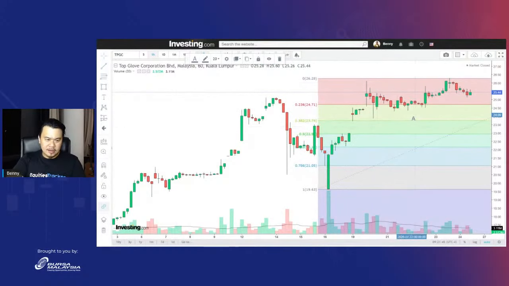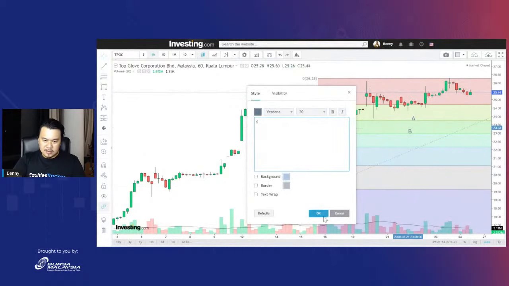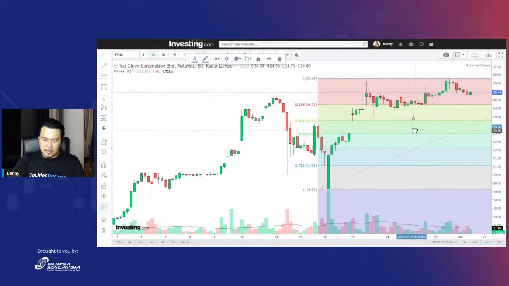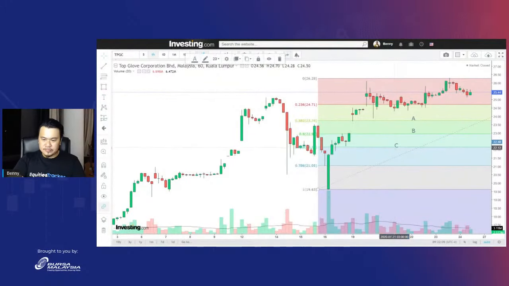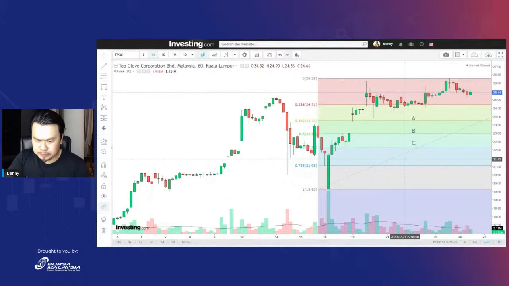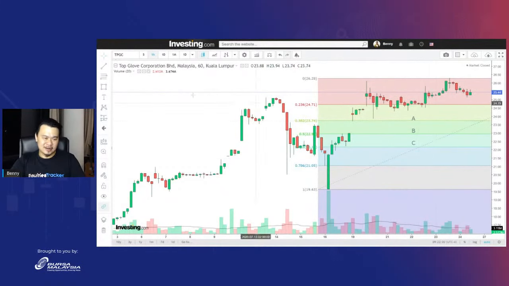And I can also buy at B, and I can also buy at C. All right, so now for the sake of analyzing, let's say you want to find a confluence, right? Or which one would probably be a better one, let's say, right?